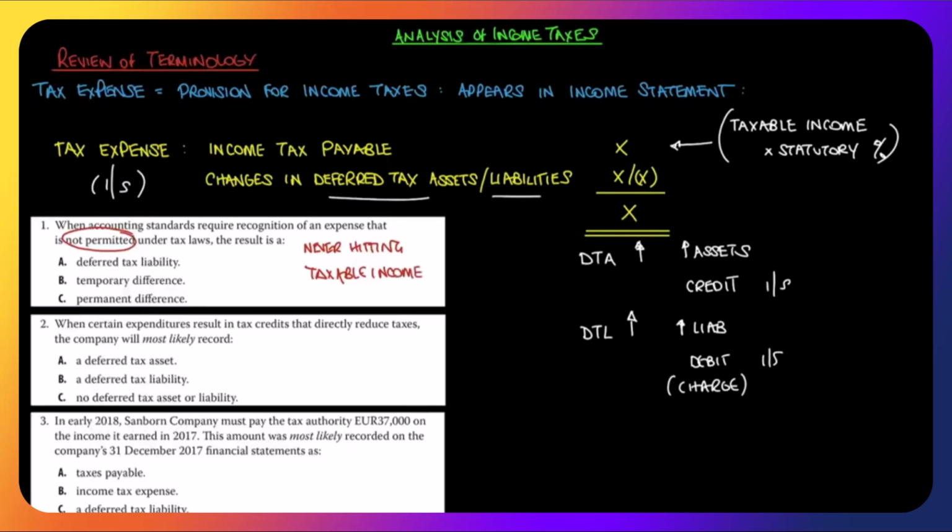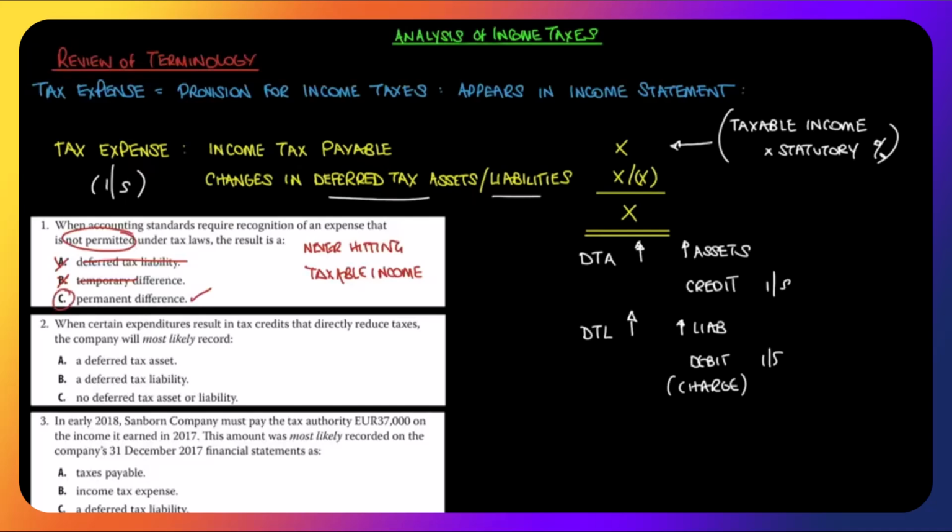If it's never hitting taxable income, it is a permanent difference. So I can rule out B, it is not temporary, it is permanent. If it was temporary, it would be a timing difference. It would eventually go through taxable income. A deferred tax liability. No, permanent differences do not give rise to deferred tax, liability, asset, or otherwise. So the answer is a permanent difference, C.